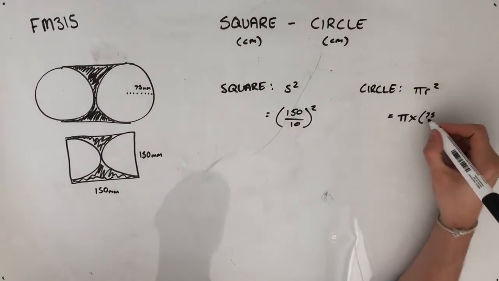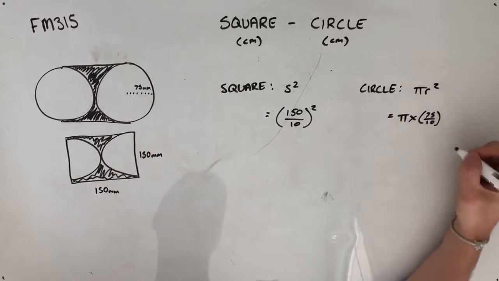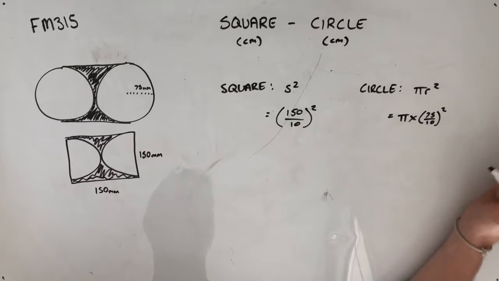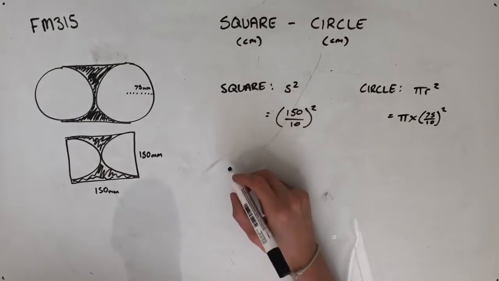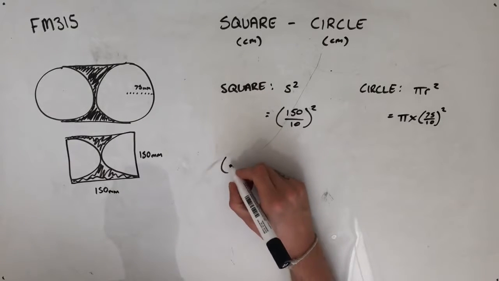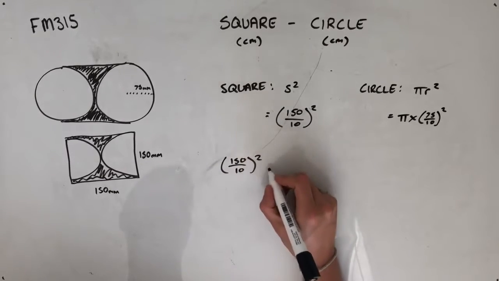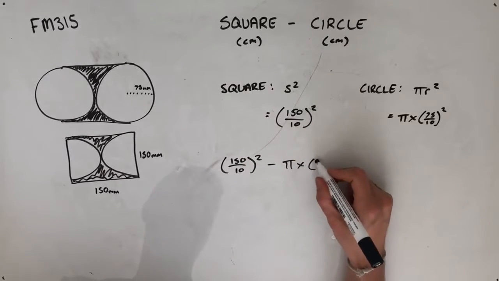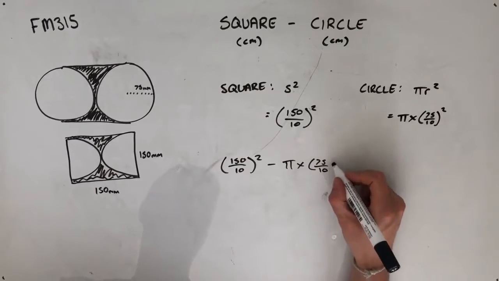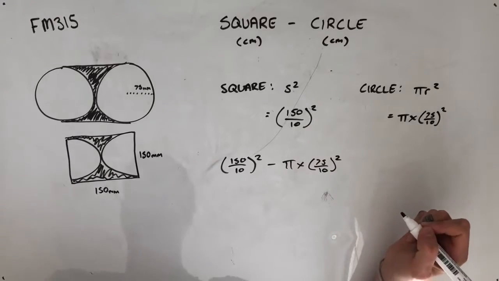We're actually going to use 75 over 10, converting those millimeters into centimeters once again. This is also squared. So substituting these back into our original little formula that we made, we should get 150 over 10 squared minus pi times 75 over 10 squared.